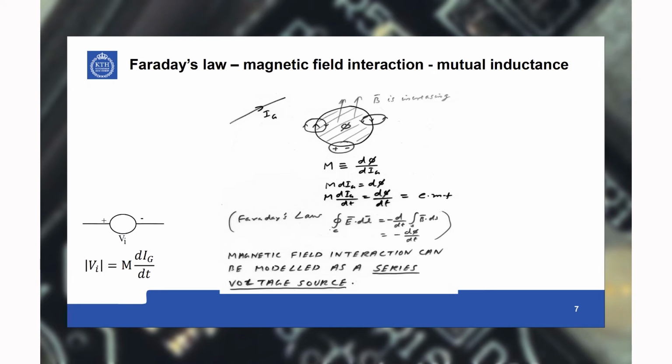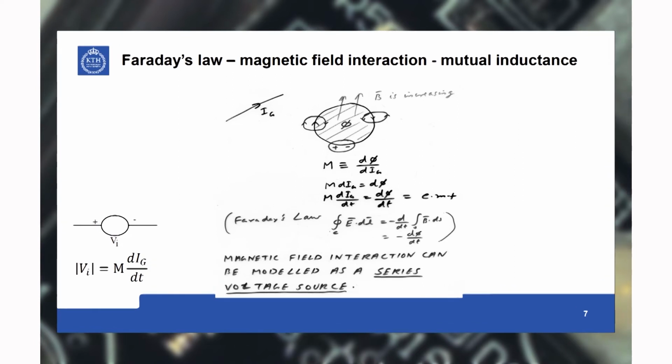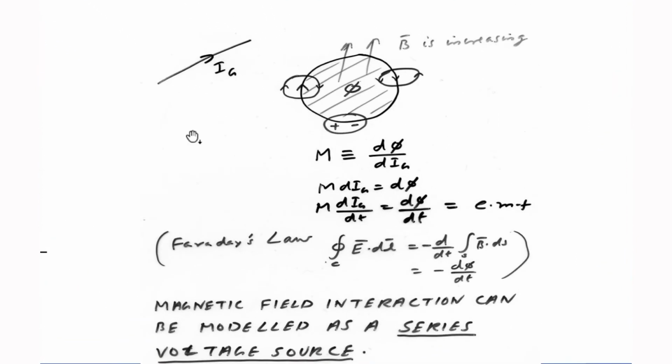Now this is an illustration connecting Faraday's law, or magnetic field interaction, with the mutual inductance that you are familiar with in circuit theory. Imagine some sort of a current somewhere in space.